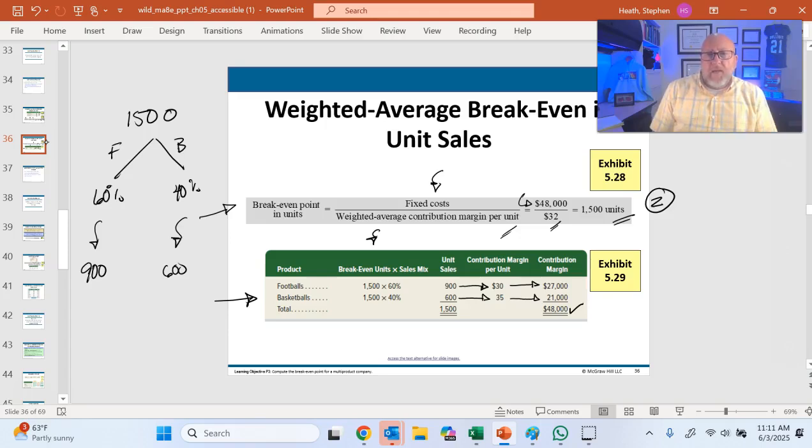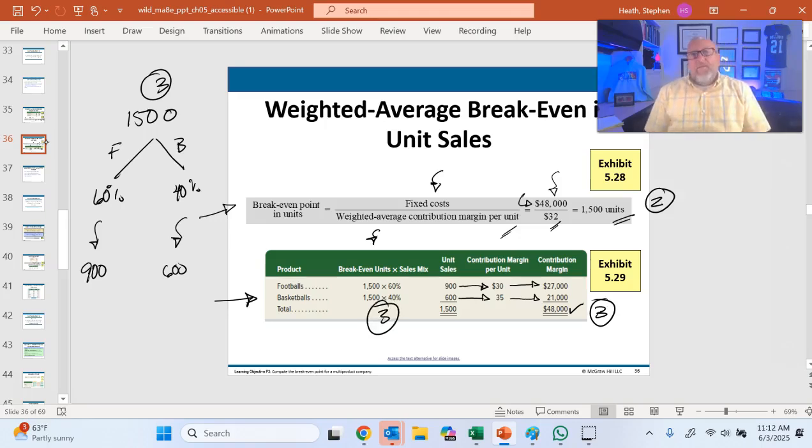And that is what we said our fixed costs were up here. And that is essentially this, or this is step 3. Actually, I should say that is step 3.